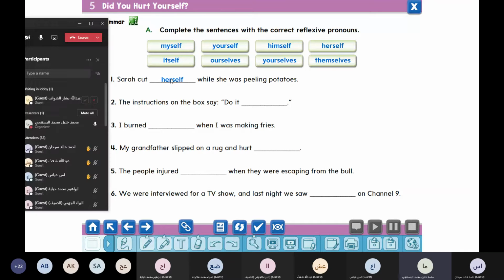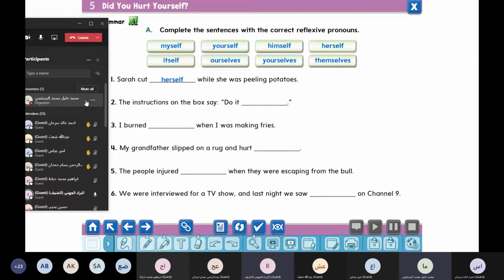Number 2. Which page, teacher? Page 70, Exercise A. The instructions on the box say, do it yourself. Good. Instructions in the box say, do it yourself.